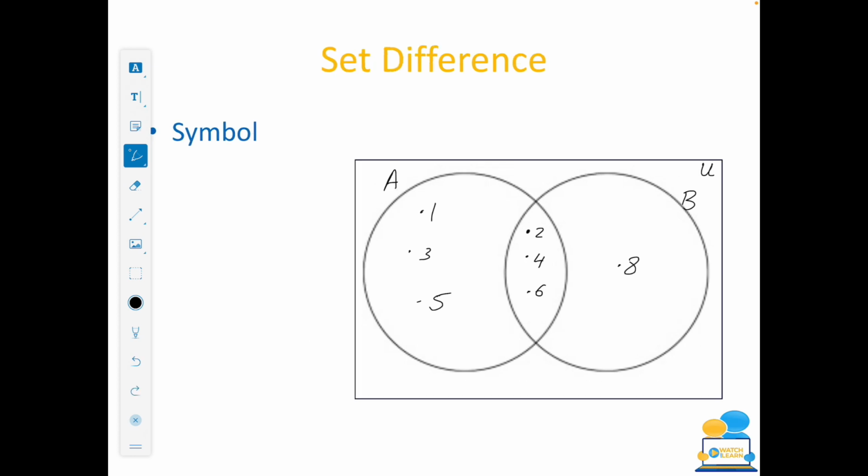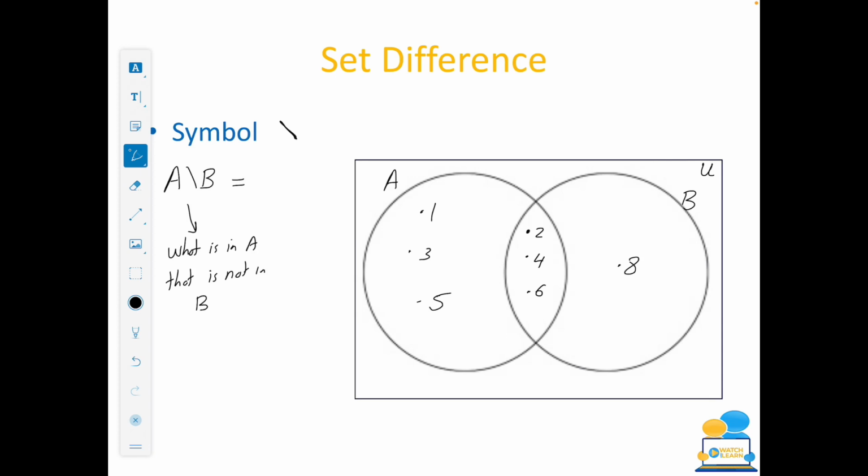And our final piece of notation is going to be set difference. The symbol for this is a sideways dash like that. So A set difference B means what is in A that is not in B. So what's in A without B?